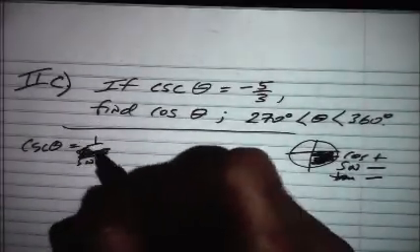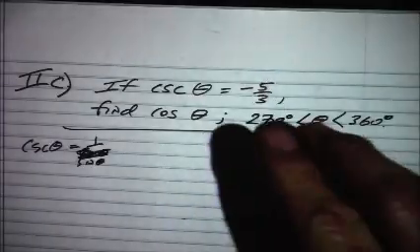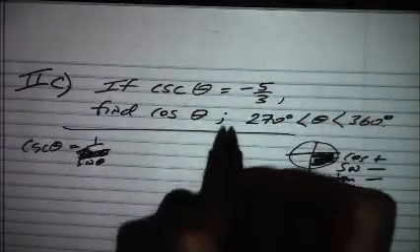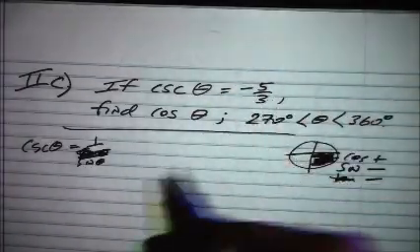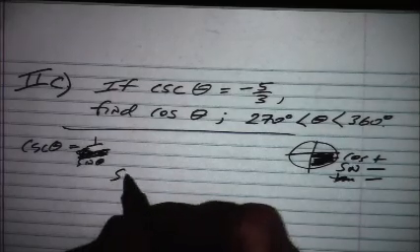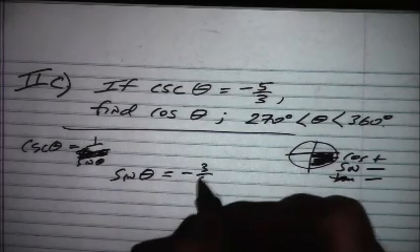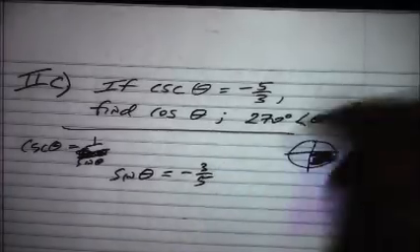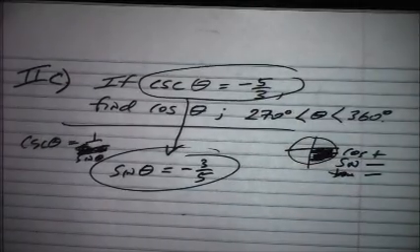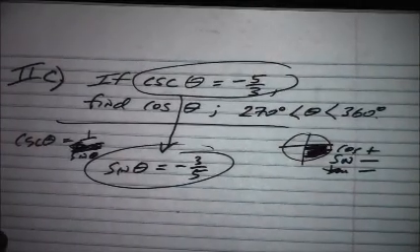But these are reciprocals, so all you really have to do, instead of putting 1 over that, is just flip it. So if the cosecant of theta is negative 5 over 3, that means that the sine of theta is automatically negative 3 over 5. So we're just going to go from the cosecant to the sine by using the reciprocal. Very helpful thing for that.